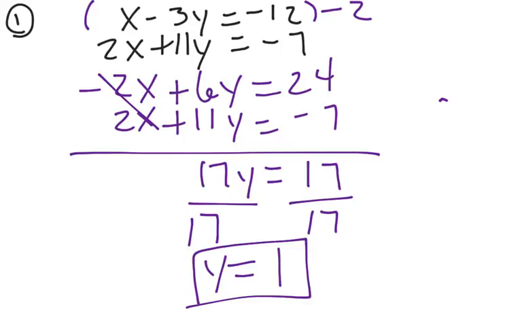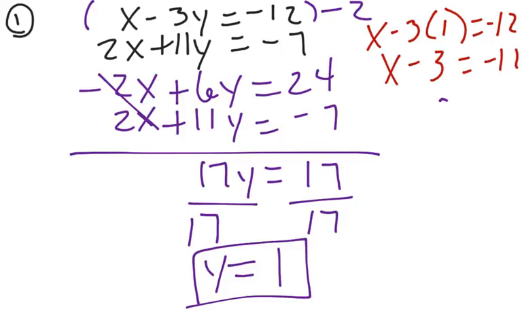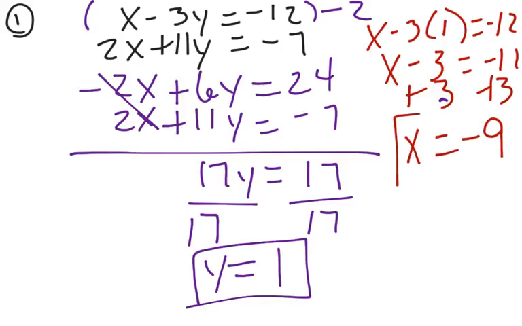So on this very first one, it would be x minus 3 times 1 equals -12. So that's x minus 3 equals -12. Add your 3. X is equal to -9. You now have 2 answers, so you're done.